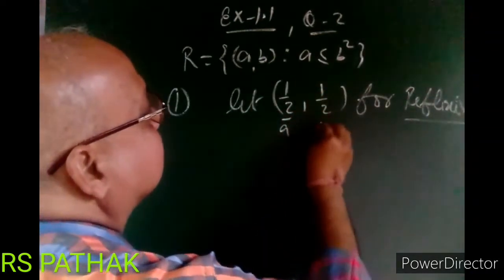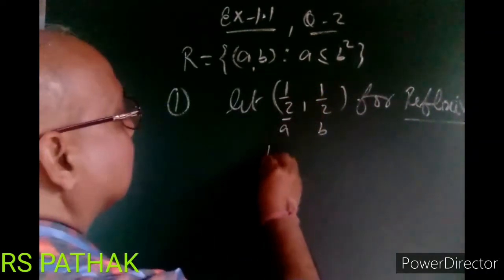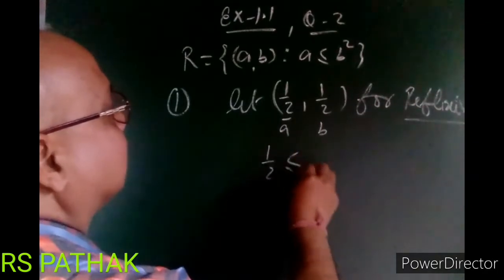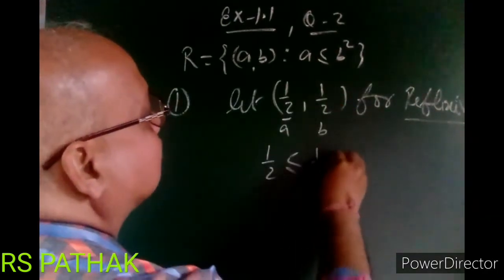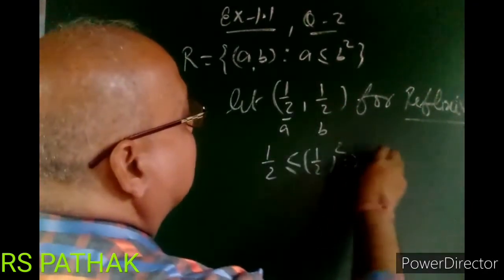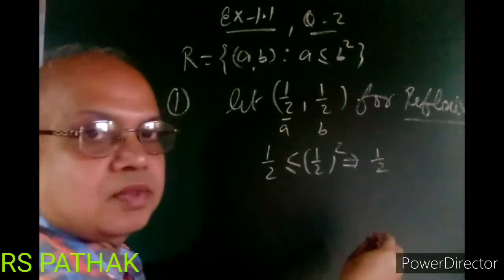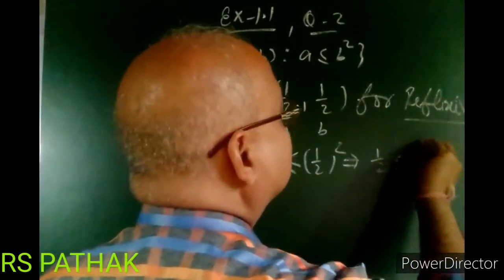So 1/2 less than or equal to (1/2) squared implies 1/2 less than or equal to 1/4.